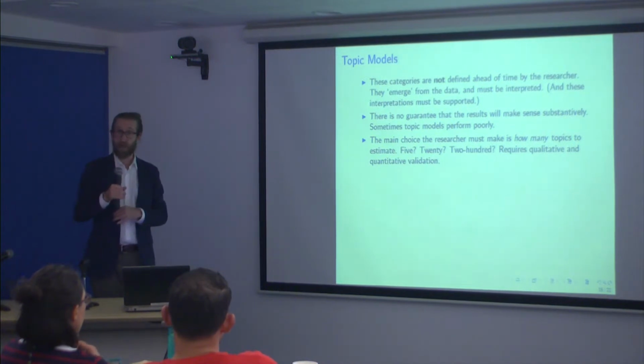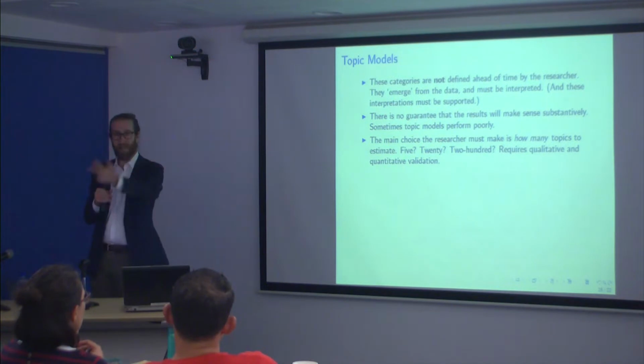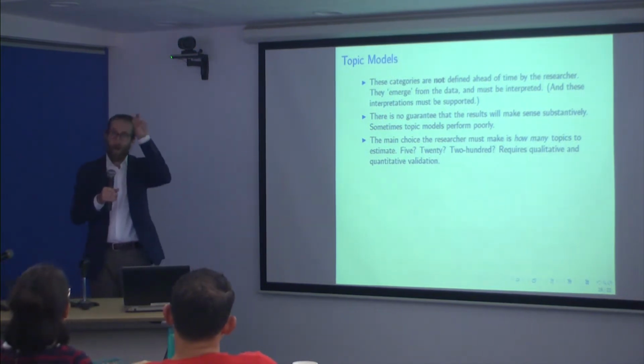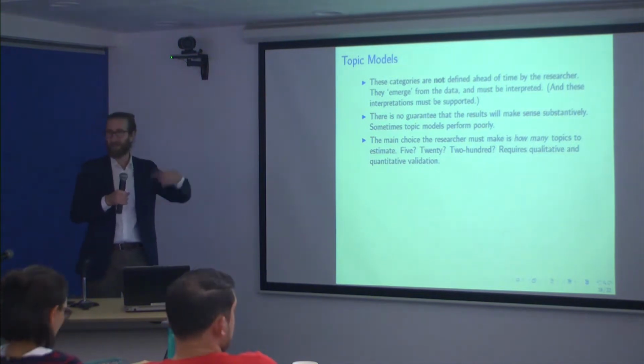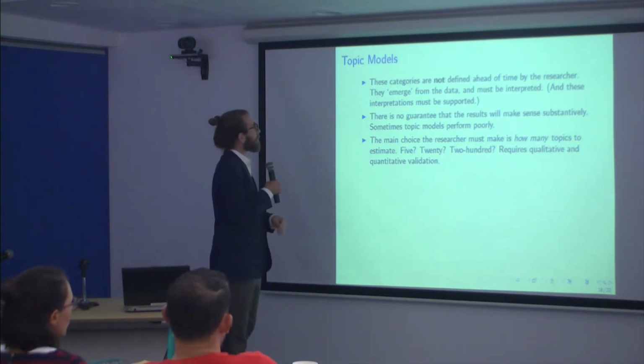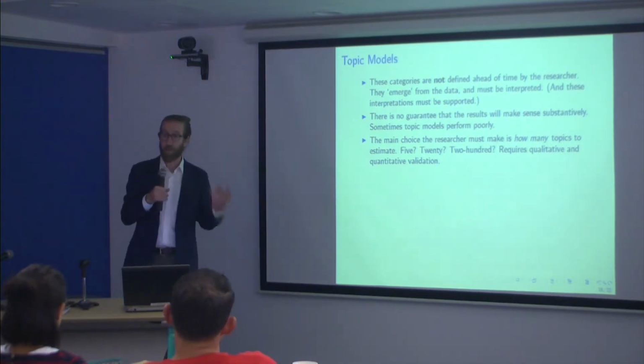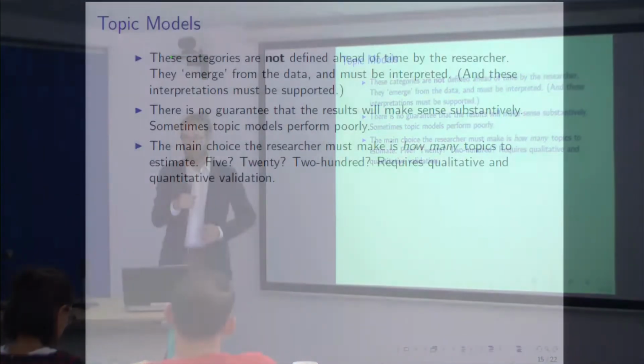We didn't start out saying, okay, we're going to code every request. Is it environment? Is it security? Is it contract? Those clusters of words just popped up. You know, it ran for a few days before the results came out. The results emerge from the data, and they have to be interpreted, and those interpretations have to be supported and defended.